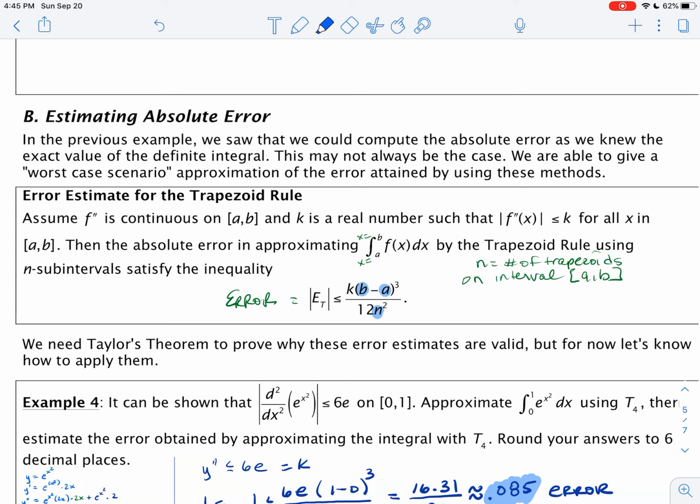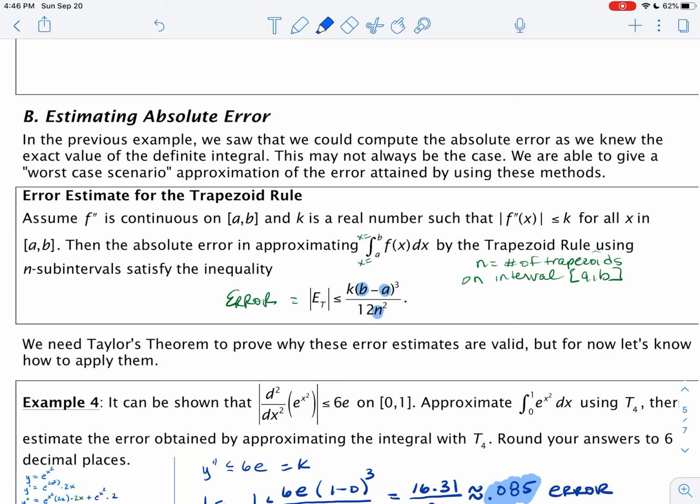Then we go back to the original function and calculate f at those critical points. We also want to evaluate at the endpoints, because our maximum and minimum can occur at the endpoints. And so we pick the biggest output to be the maximum value.